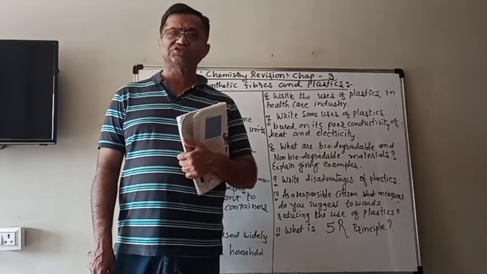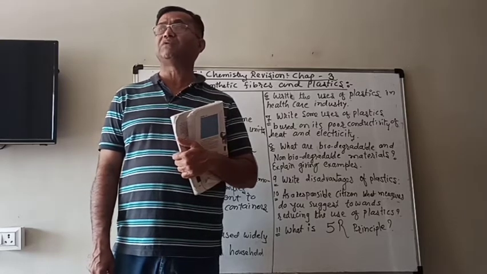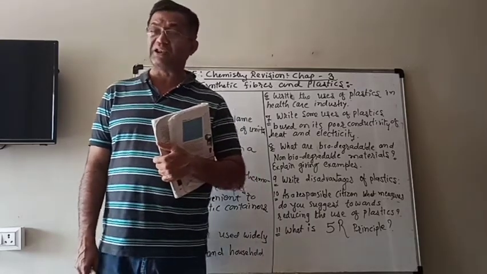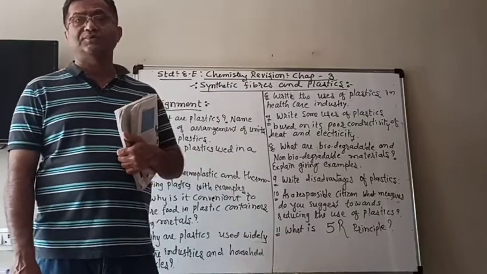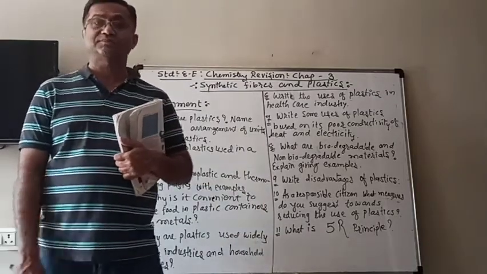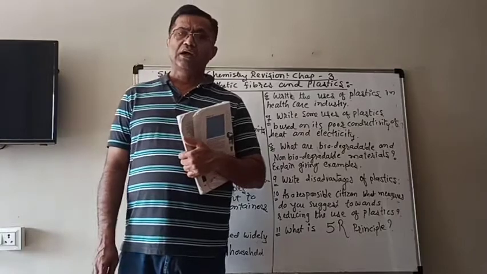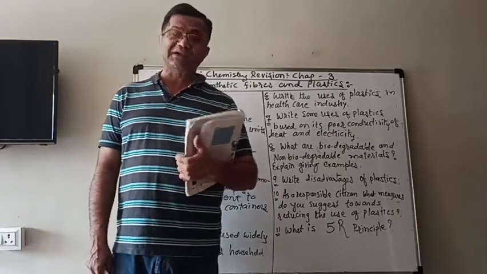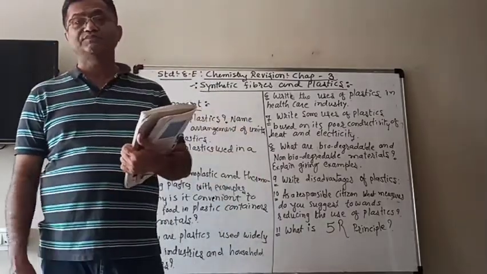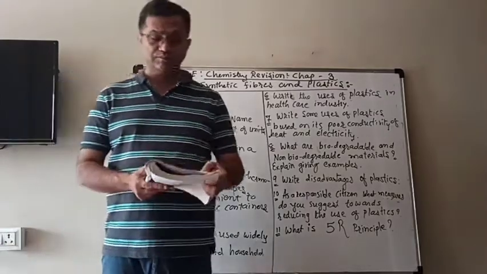If you make a list, it will be a very, very long list, and still some objects will not be there. Widely we are using plastic. Why? That we are going to learn.